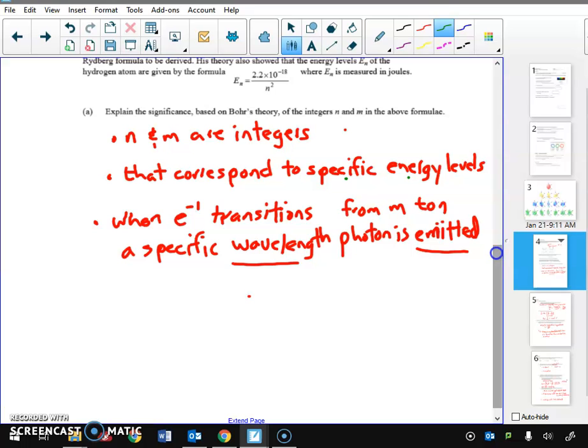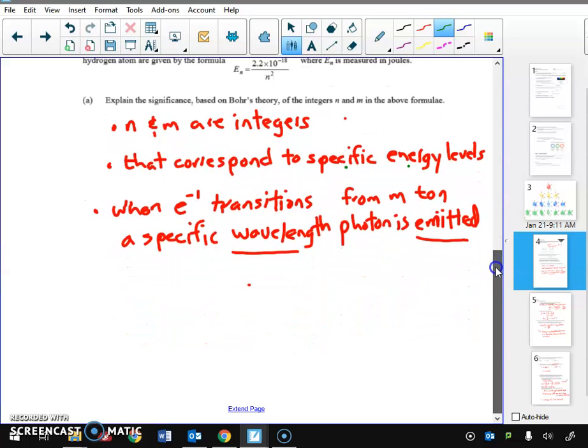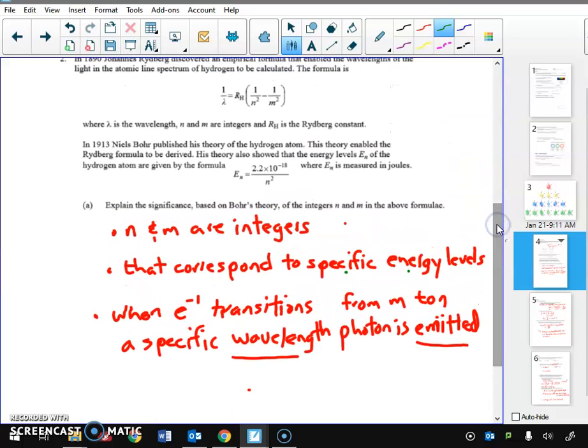And then there's a minus sign in there, right? So what is the minus sign? It's when an electron transitions from m to n, a specific wavelength photon is emitted. In other words, I'm being very careful to refer back to why I'm referring to wavelength rather than, let's say, energy, because the equation has the lambda in it.